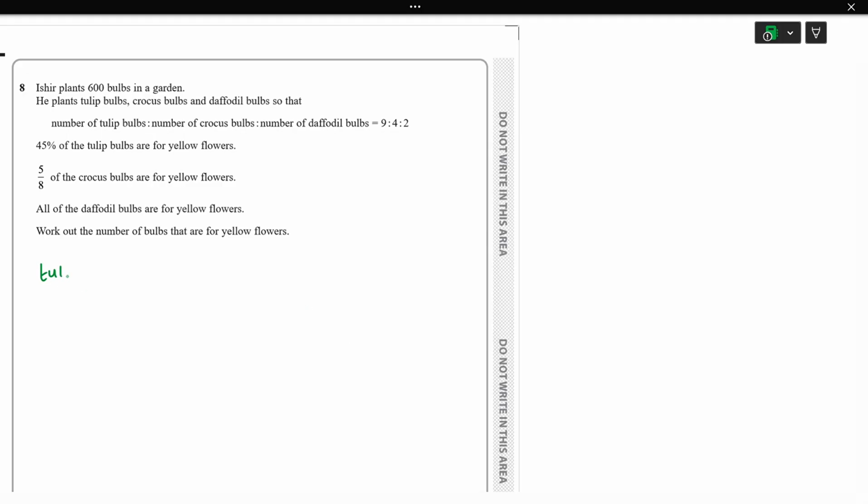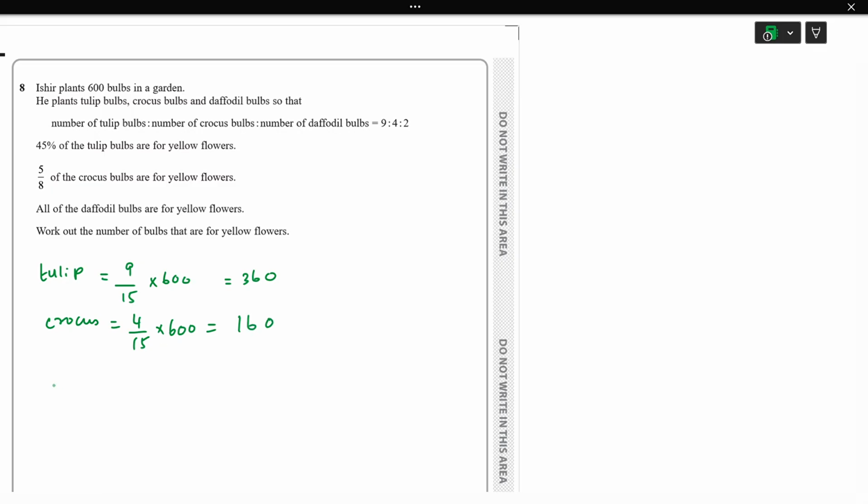First tulip equals the ratio 9 over total ratio 15, times total number of flowers, which is 600. So we'll get 360 here. Next is crocus, which is 4 over 15 times 600, which is 160.